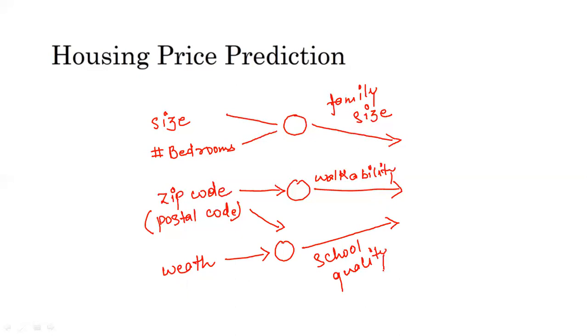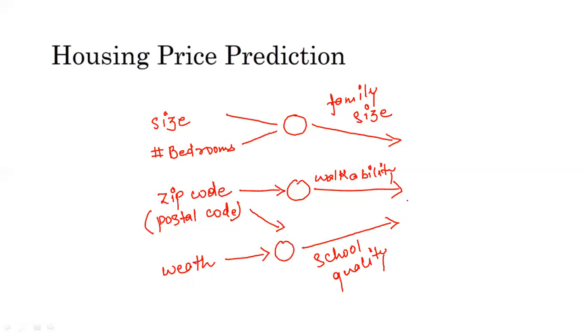Because it is often seen that where people live in a very posh location and have a lot of wealth, the quality of school nearby is very good, whereas in very poor localities, where the zip code and locality are not quite good, the schools nearby are not of as good a quality in comparison to the rich ones.